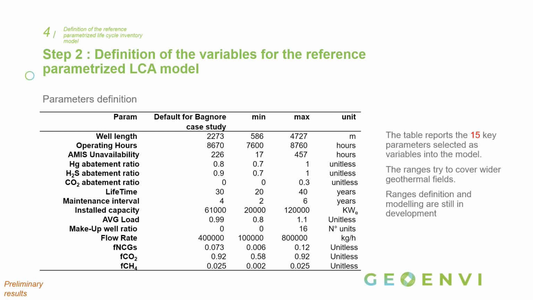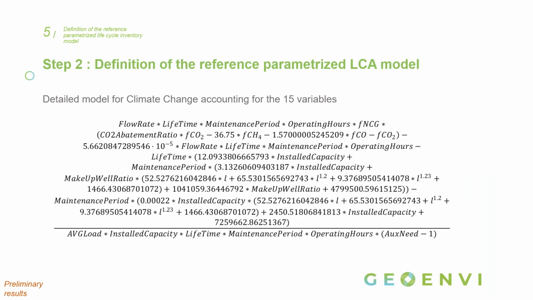So the model developed in this way is expressed for the climate change impact category using all the 15 variables. It looks like this. So it's a quite complex function that needs a lot of variables to assess the climate change impact category using the ILCD 2018 method.